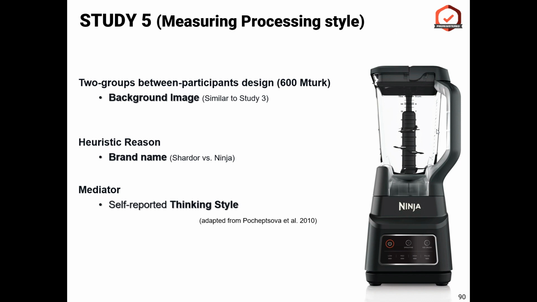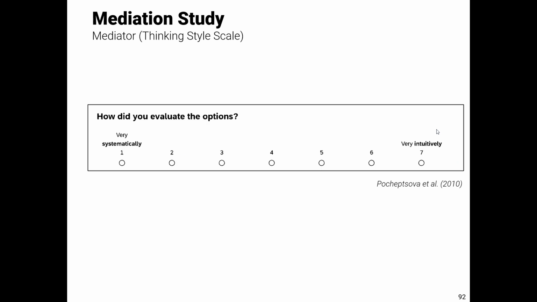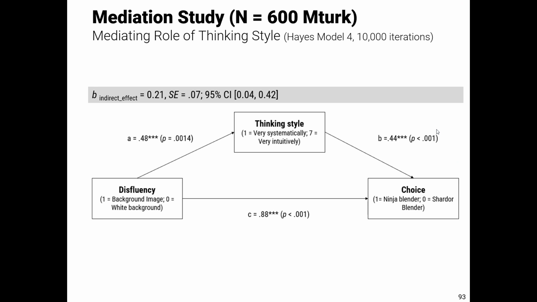And in one of our studies, where we measured the underlying mechanism, again we used a background image, similar to the previous study I showed you. We used brand name as a heuristic cue, and following the literature, we asked participants to rate whether they evaluate the option systematically or heuristically. Regarding the main effect, we replicated our previous findings, and this is the question we asked to measure the underlying mechanism.